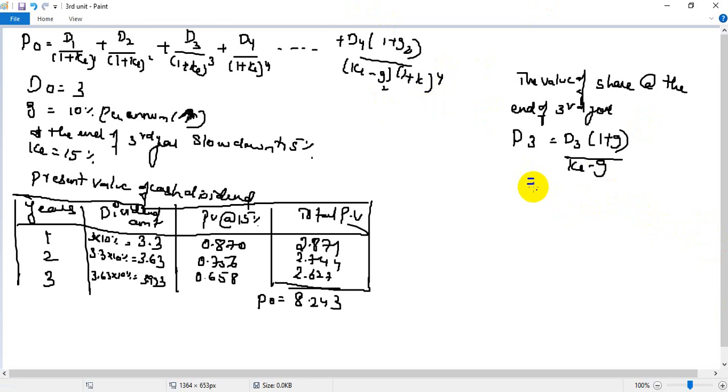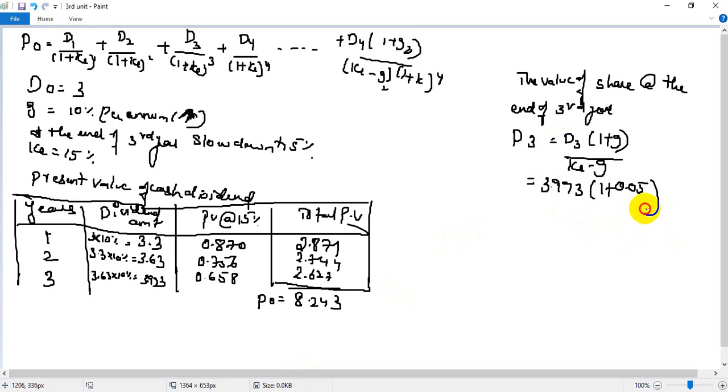D3 is again 3.993. 1 plus G is 1.05. What he said is, at the end of third year it is slowing down to 5%. If you see this formula, in the numerator it is plus and in the denominator it is minus. So you need to take it like that only.